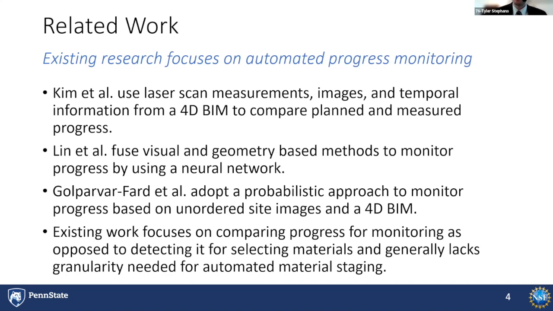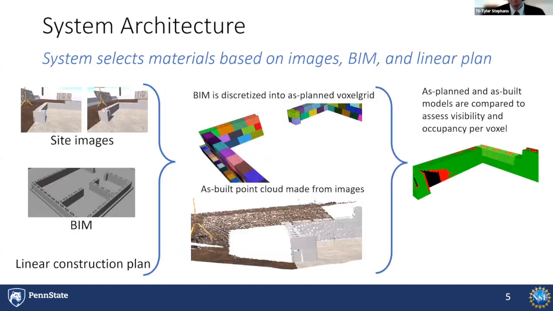But all these methods typically focus on simply monitoring and documenting variations in progress, as opposed to trying to develop inputs for a robot to deliver these materials. And so we want to use these existing methods to develop instructions for a robot to deliver materials. However, a lot of these methods also lack the granularity needed to develop instructions for a robot.